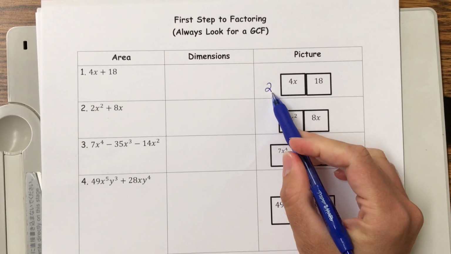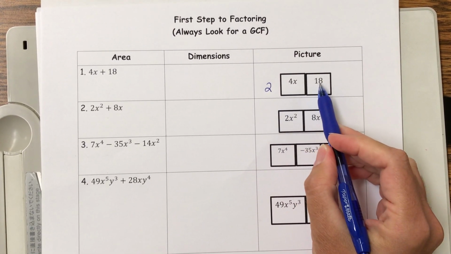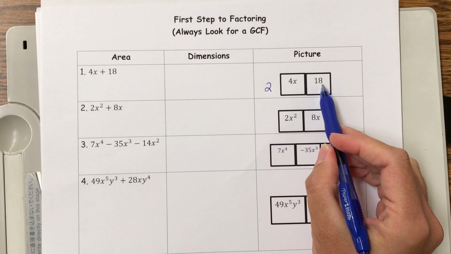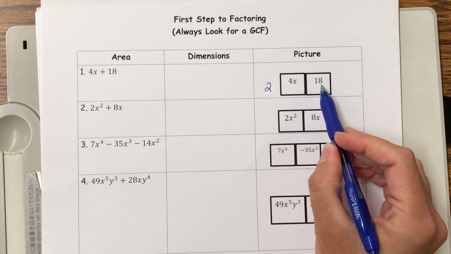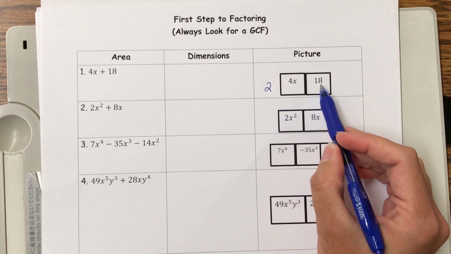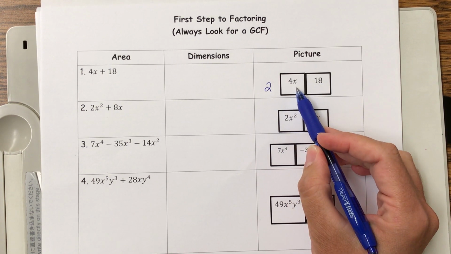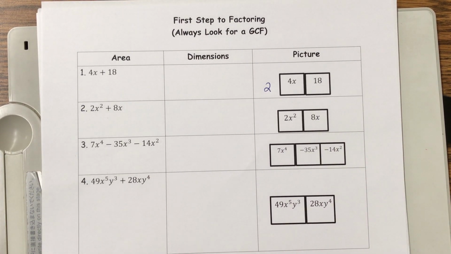Notice that 2 is the only number that divides evenly into both 4 and 18. You see, 4 will not go evenly into 18. But 2 goes evenly into 18 and 2 goes evenly into 4. So all I have to have is a starting place. Once I figure out that first dimension, 2, then I work myself around to figure out the other dimensions.